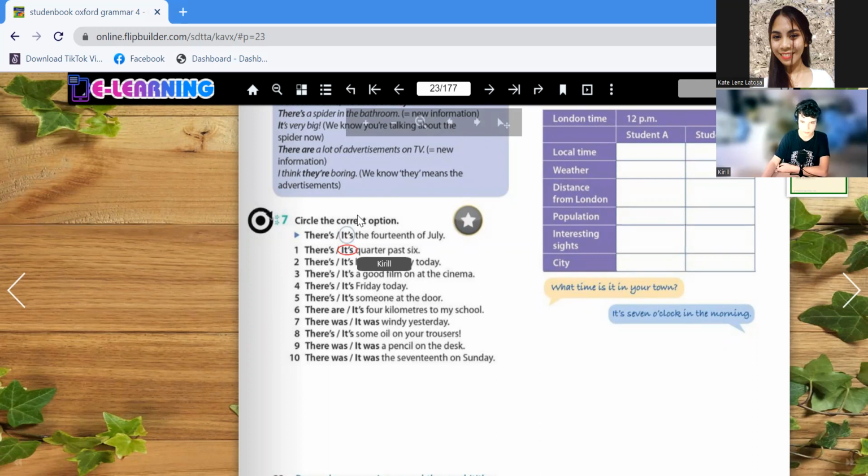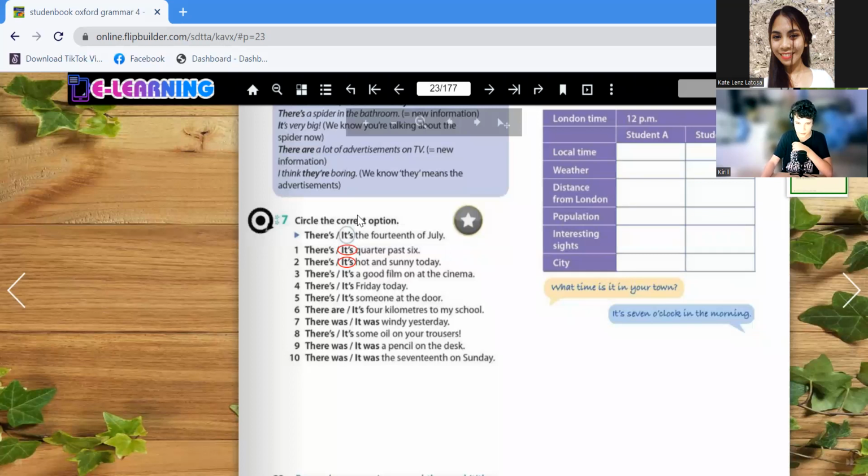Number two, it is, because it is about weather. Number three, it isn't, it is there is, because it is about a film at the cinema.